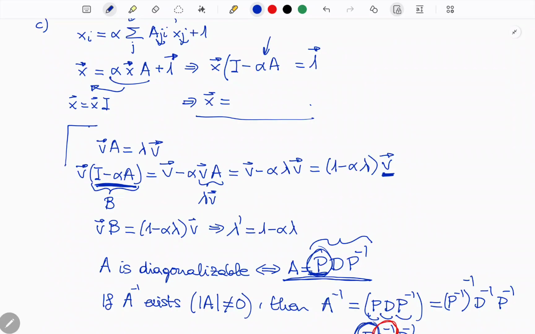It's going to give the same result because this is a symmetric matrix, but we have to do it properly. So this is I minus alpha A to the minus 1. My mistake, sorry. It's just because I'm so used to multiplying on the right that I always do that. In this case the result is going to be the same because this is a symmetric matrix, but it doesn't have to be the case.